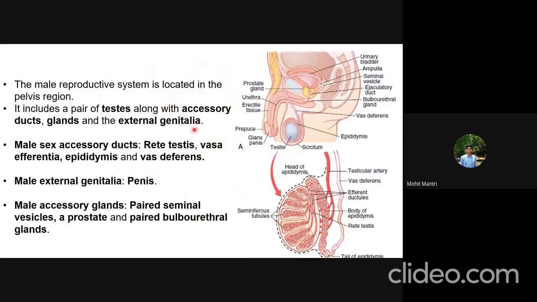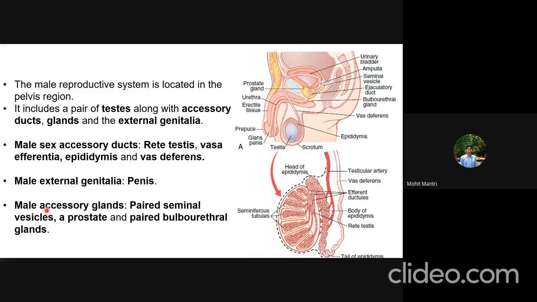The male reproductive system consists of a pair of testes, which is the primary sex organ in which the gametes are formed. Along with that, there are few accessory ducts, accessory glands, as well as the external genitalia. In male, the accessory ducts include the rete testis, vasa efferentia, epididymis, and vas deferens, and the external genitalia includes the penis.